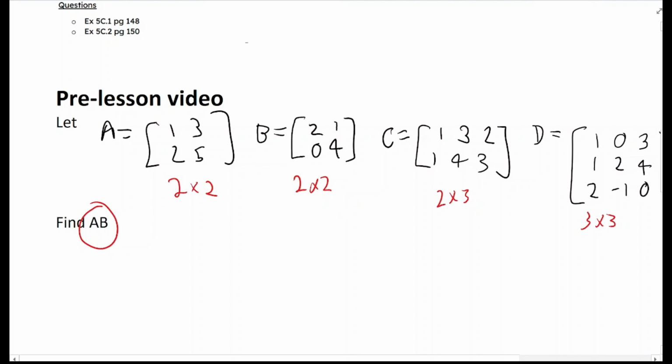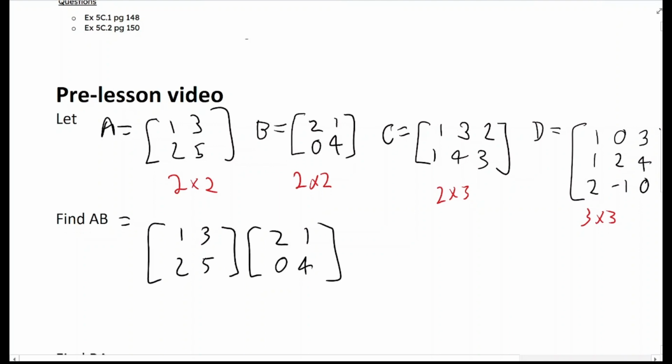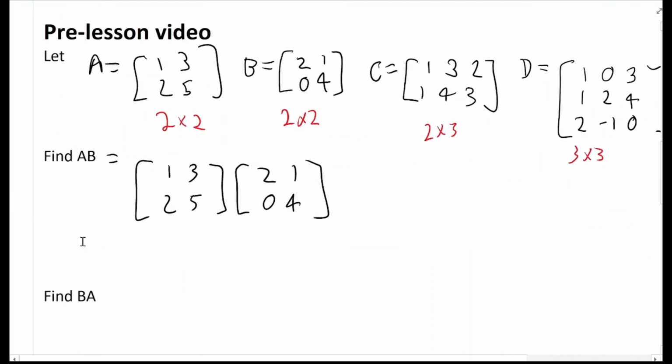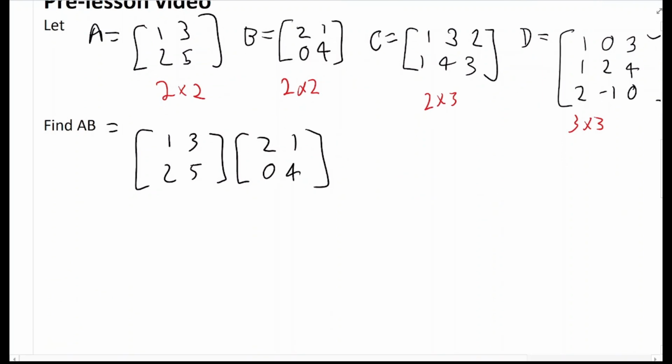So we're going to do A times B, and I'll write out what those matrices actually are. That's 1, 3, 2, 5 times 2, 1, 0, 4. What you have to do when you multiply matrices is pair up each row and each column. We're going to go first with the top row and the first column.